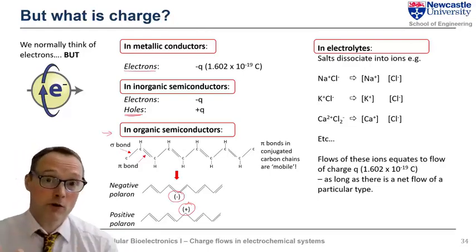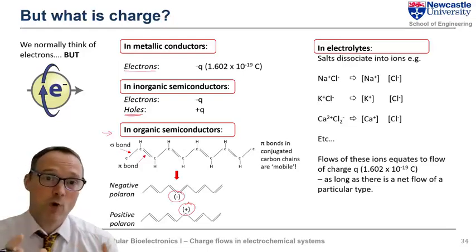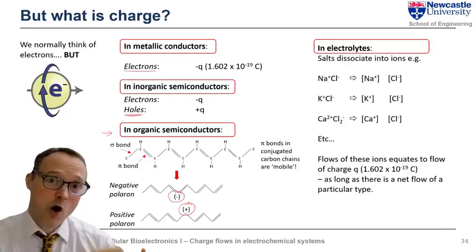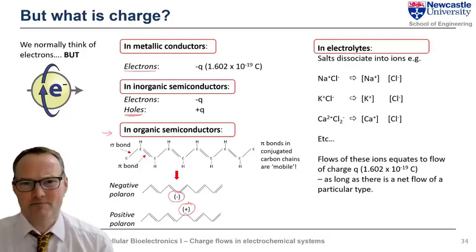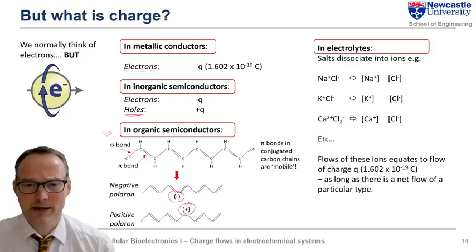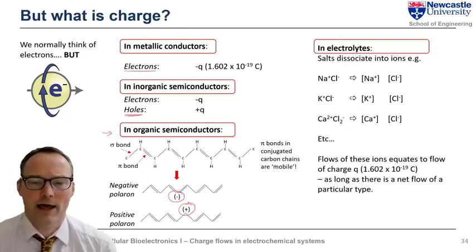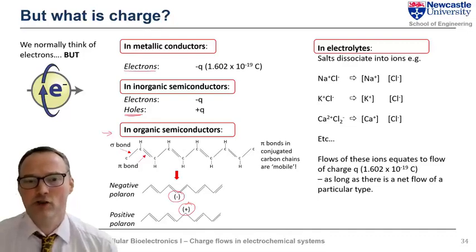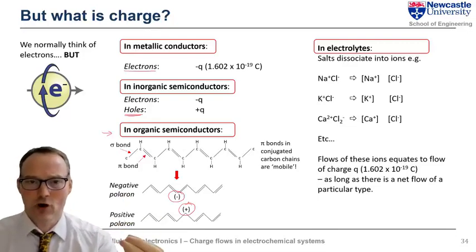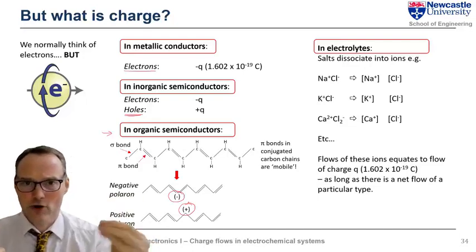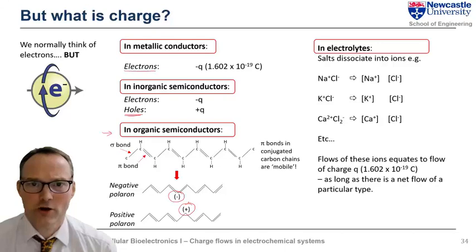These are called polarons, but again, in the same way that you can think of holes as the absence of an electron in a semiconductor, actually it's easier to think of it as an independent particle. In the same way, for these kinds of materials, it's still easier to think of these in terms of two particles, electrons and holes. Electrons are negatively charged, holes are positively charged.